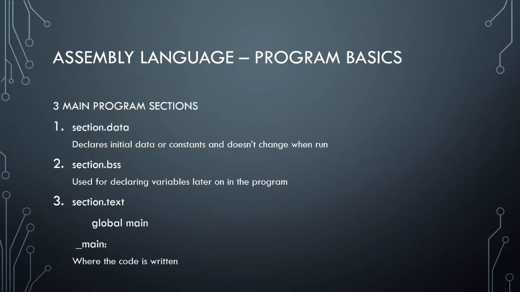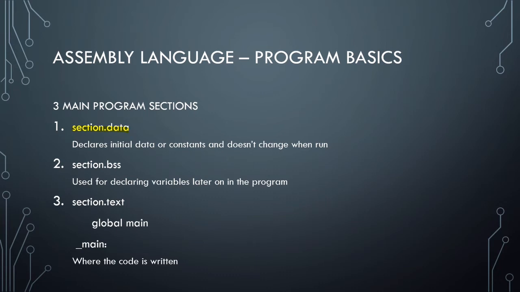When we get into programming, you'll see 3 different program sections in the software most likely. So you should have a section.data. Essentially, it's almost like a command or a mnemonic, but it'll look like this, section.data. What that's doing is declaring the initial values or constants that don't change when the program is run. So it's declaring all the initial information that you might need, and this information won't change as you go through the program.